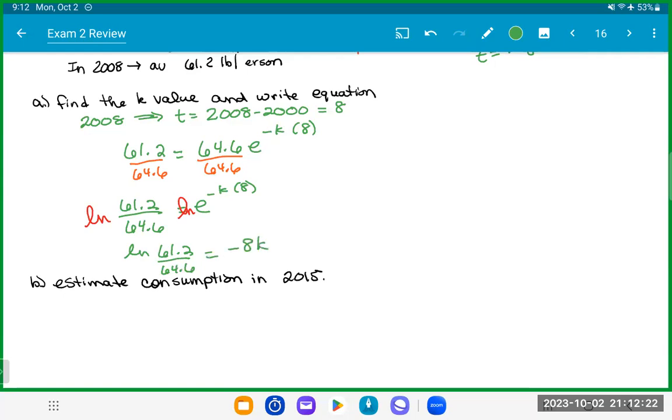Divide both sides by negative 8, and I get that k is equal to 0.0068, or k is equal to 0.68% per year. Okay. So when I have that, that then gives me that my B of t function is the 64.6.